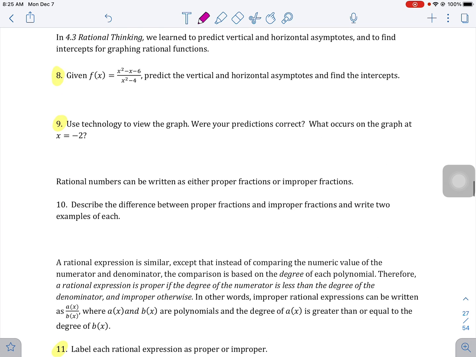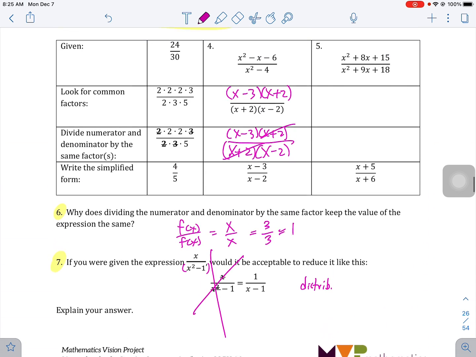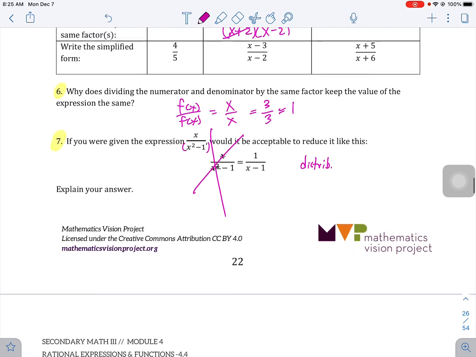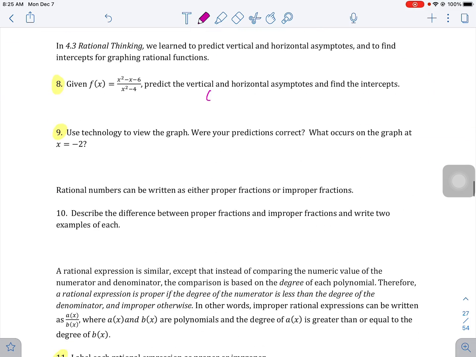So then let's look at an example here. And here we've got x squared minus x minus 6. I think this was the one we did, isn't it? Yeah. We've got x minus 3 over x minus 2 is how you simplified it. And that's my f of x.